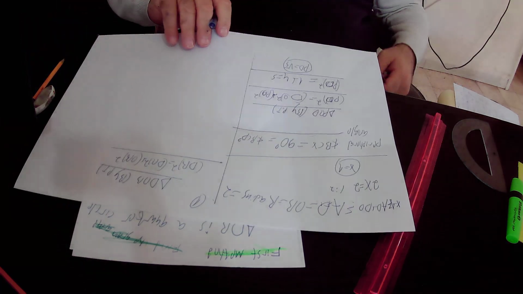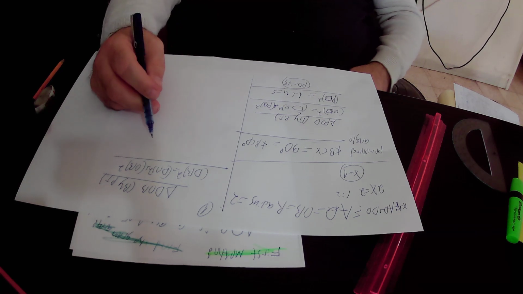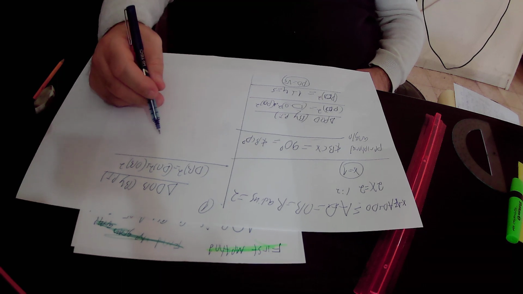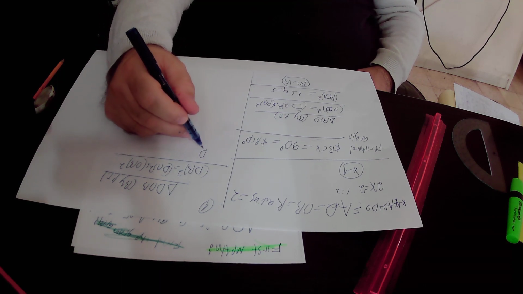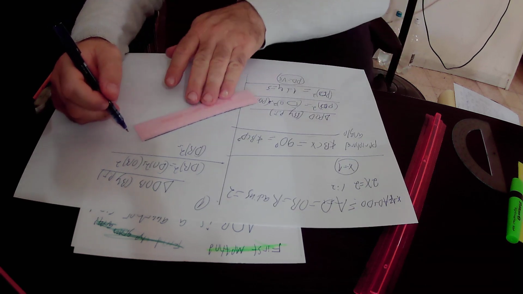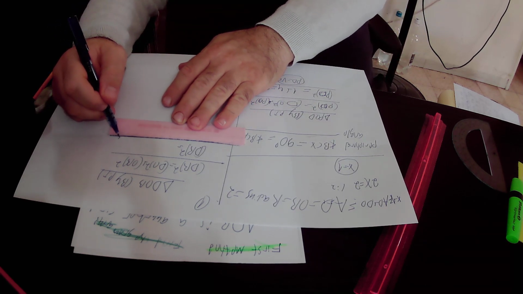Repeat again, DB square must be equal to DO square plus OB square. So DB square must be equal to DO square.